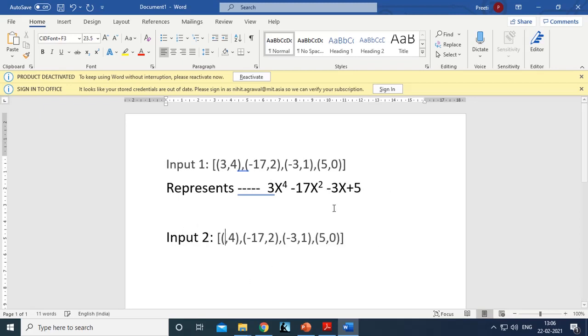In a similar way, input 2 is, suppose, this. I'm just changing the coefficients: 5x to the power 4, then 7 to the power 2, then 4 to the power 1, and then 10, 20.